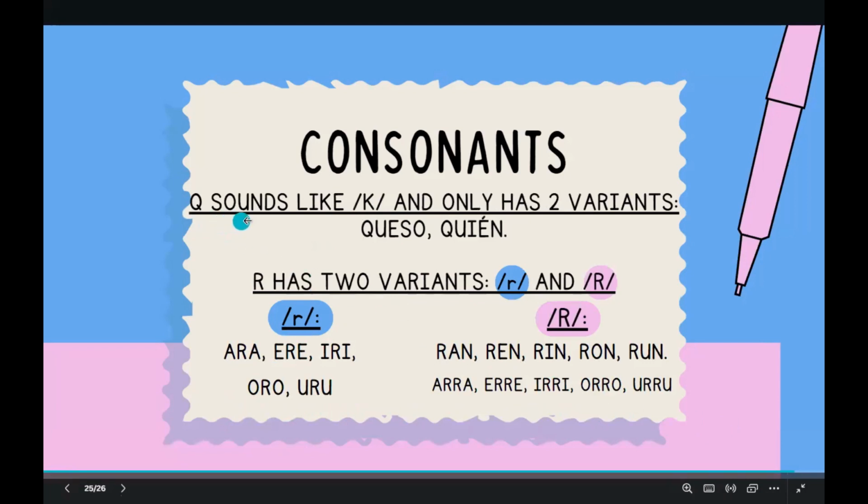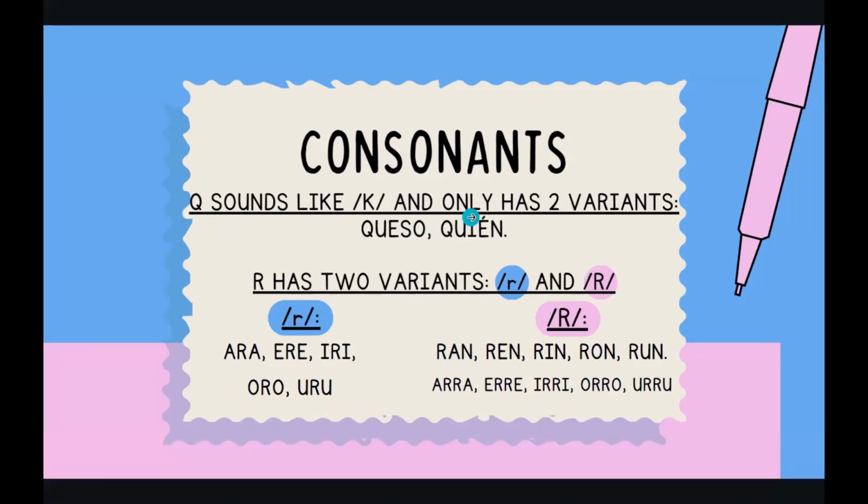Now, the letter Q sounds like K, and it only has two variants, que and ki. This is very important, okay? In these cases, just because of a convention, we need to write down a U in between the Q and the E, or the Q and the I, all right? Queso, quién.